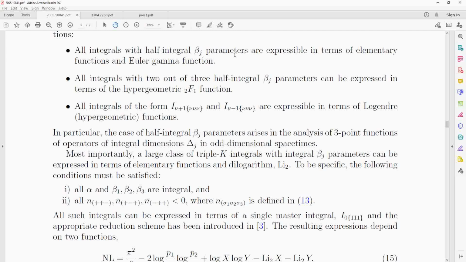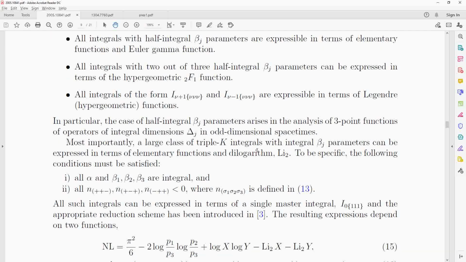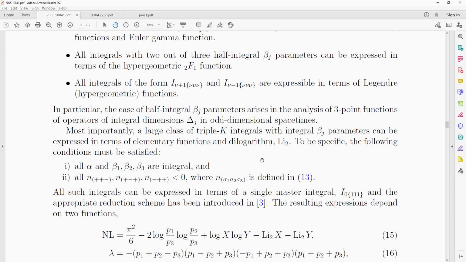So in particular in d equals 3, if we have operators of integral dimensions such as stress tensor or conserved currents, all TripleK integrals, and by extension all Feynman diagrams involved, will produce explicit expressions.